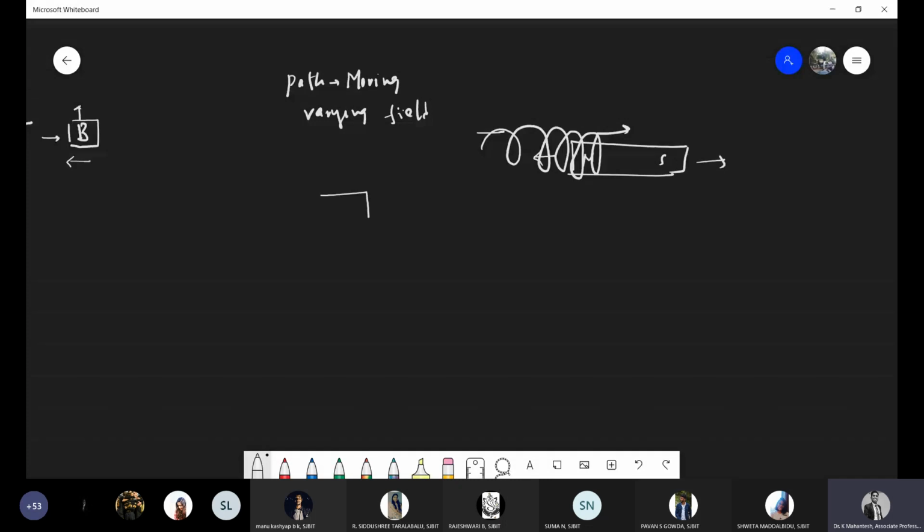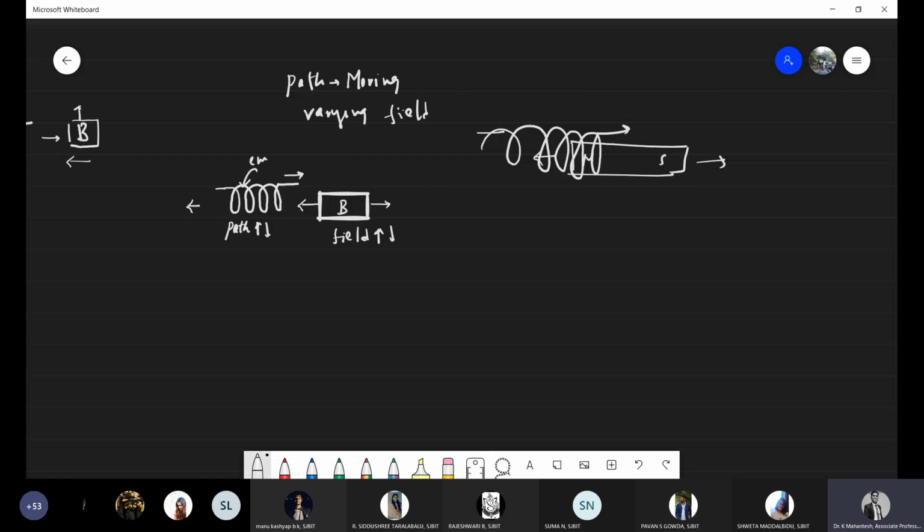So now I just want to conclude this. If the field is also varying, say B is varying with respect to time, and the closed path which we have imagined is also moving, in this situation again the EMF will be induced on the closed path.